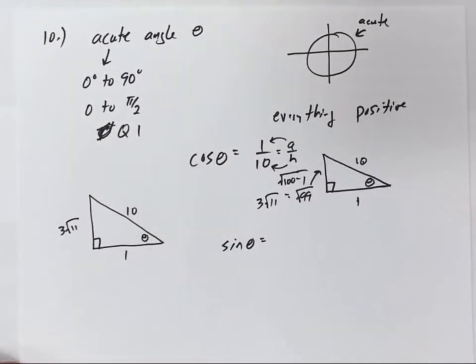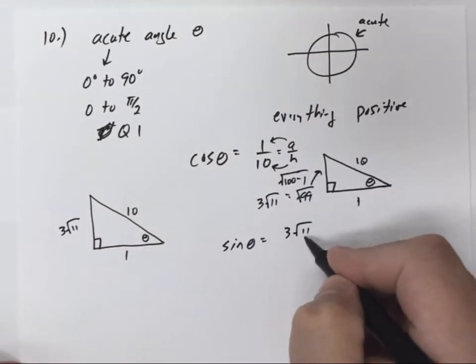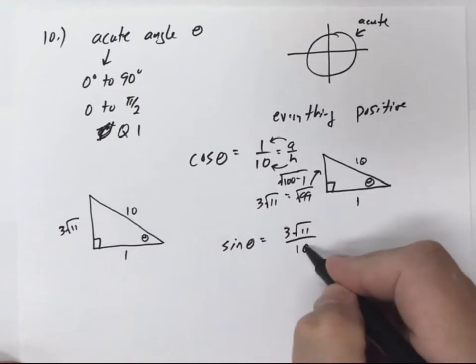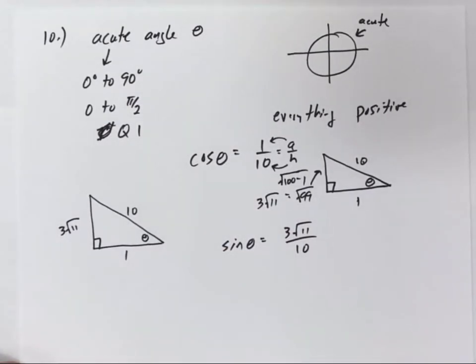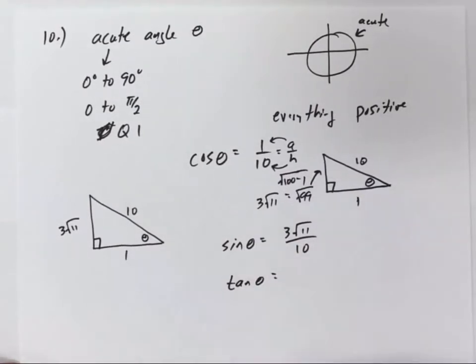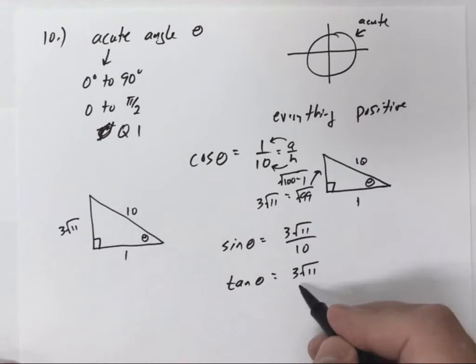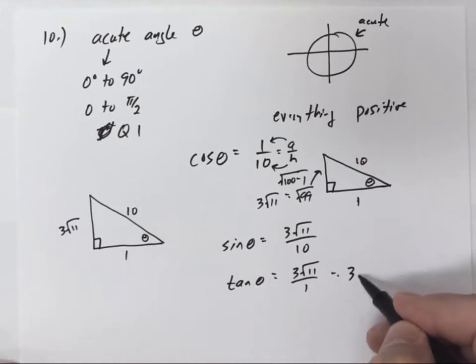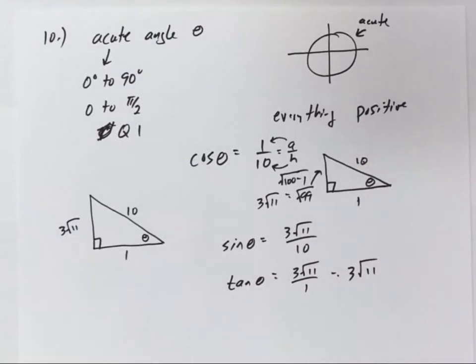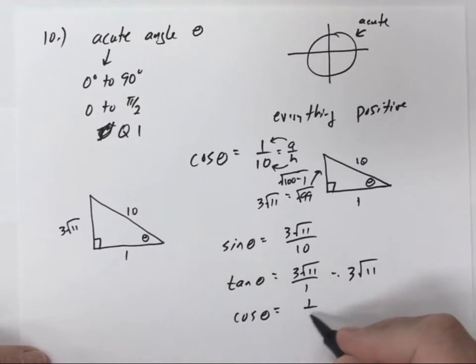Sine, so SOH, opposite, 3 square root of 11 over hypotenuse 10. Not going to simplify this here. I know the cosine. How about the tangent, so TOA, opposite over adjacent, which we would just write as 3 square root of 11. Let me write the cosine here, although they already gave it to me.